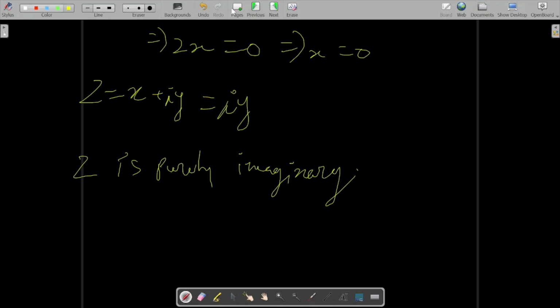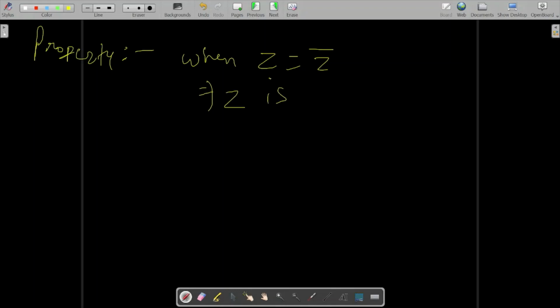Okay, so you have to remember this property. Which property? This property: when z is equal to z bar, meaning the conjugate of a number is equal to the number itself, that implies the number is real.